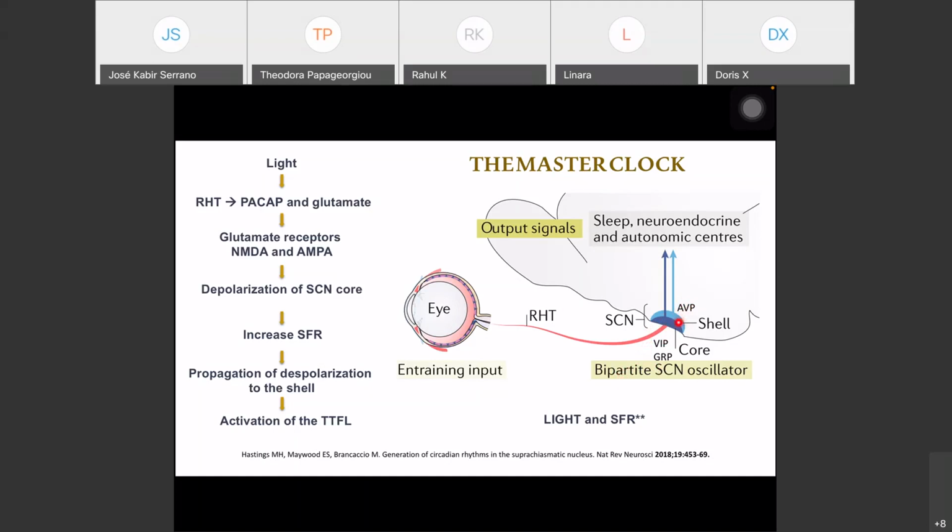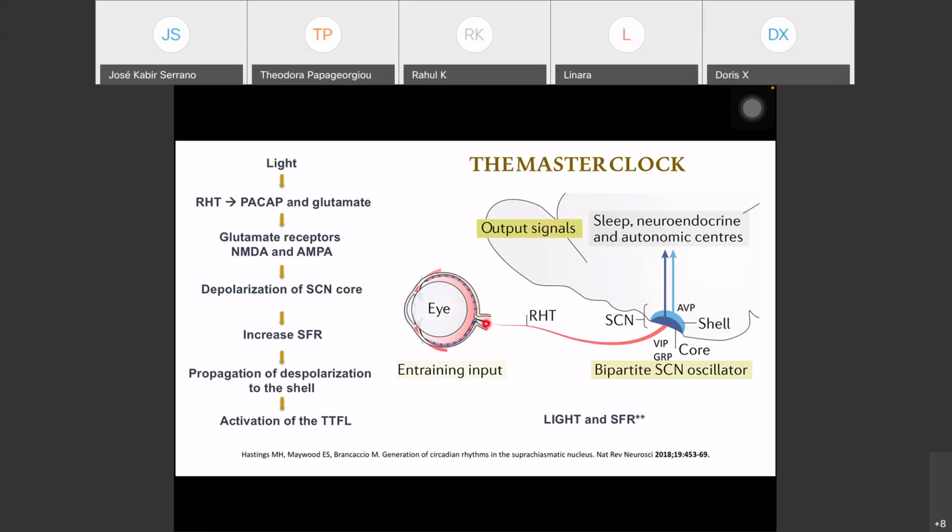And the retinohypothalamic tract originates from intrinsically photosensitive retinal ganglion cells that express a photopigment called melanopsin, which detects light.